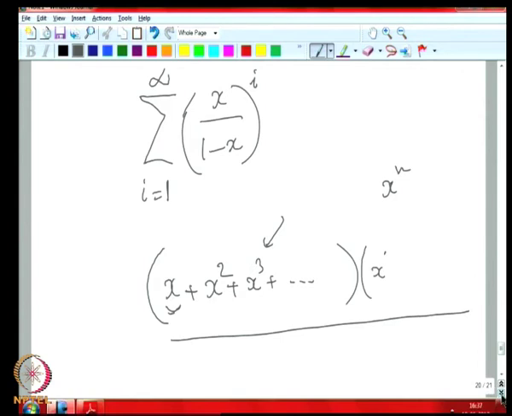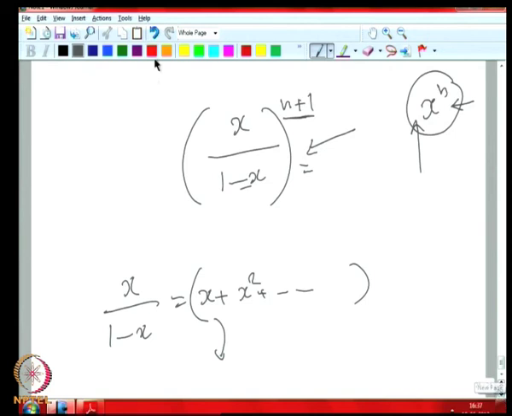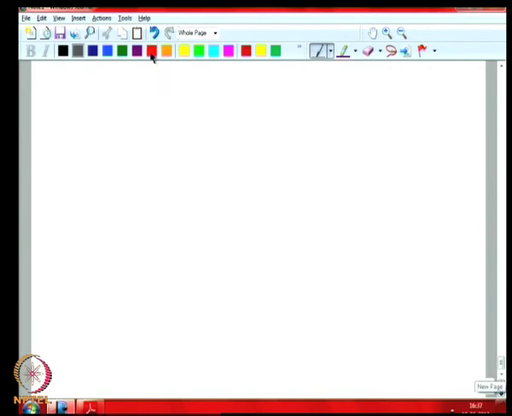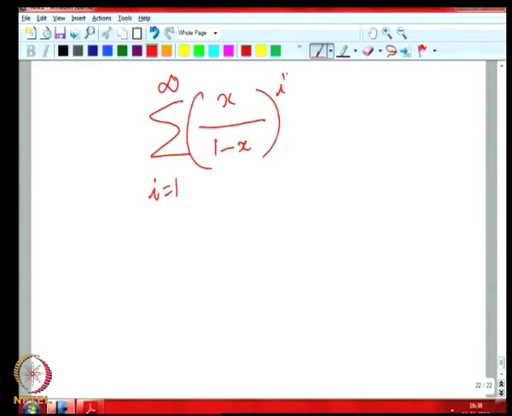So now what will happen to this? We need to do some manipulation. First, we look again at the sum i equal to 1 to infinity of x by 1 minus x whole power i. Put y equal to x by 1 minus x, a change of substitution.